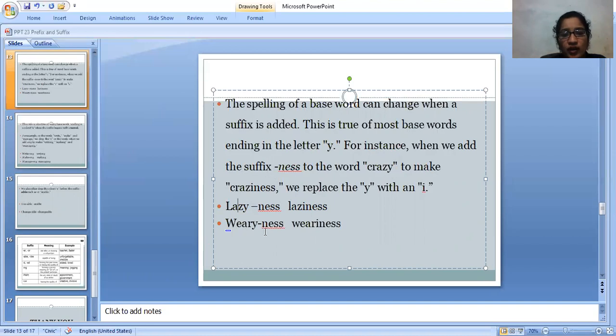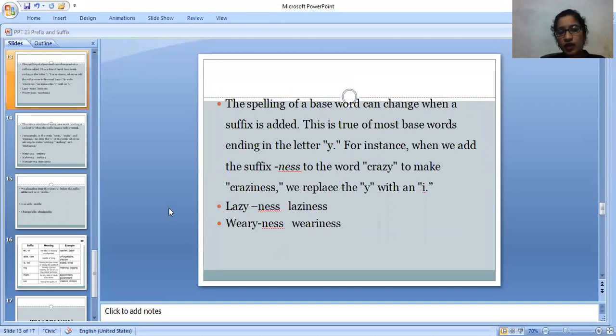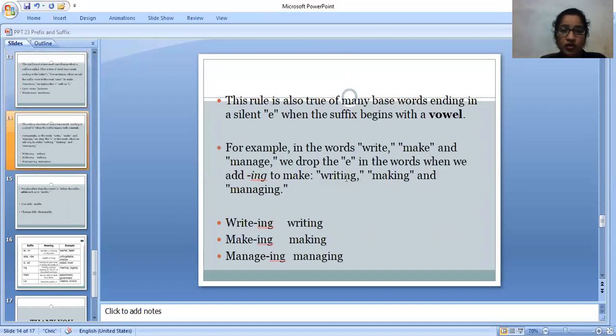In the same way, weariness: when you add the suffix ness, this Y will be replaced with I. Craziness, laziness. So with words which end with the letter Y, when you add a suffix, there will be an obvious change in the spelling. This Y will be replaced with the letter I.